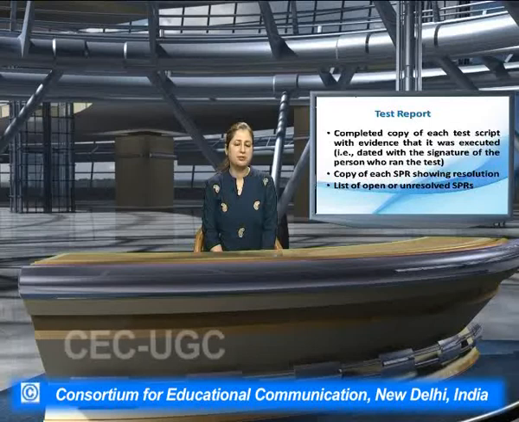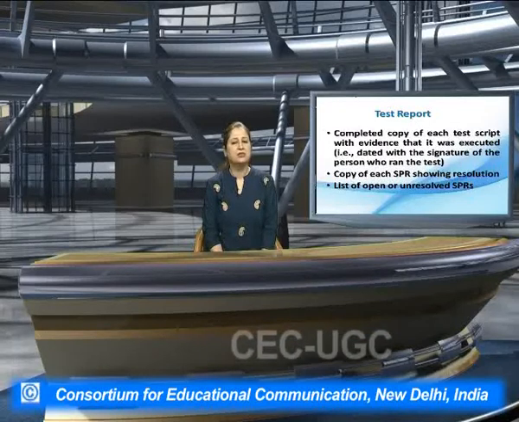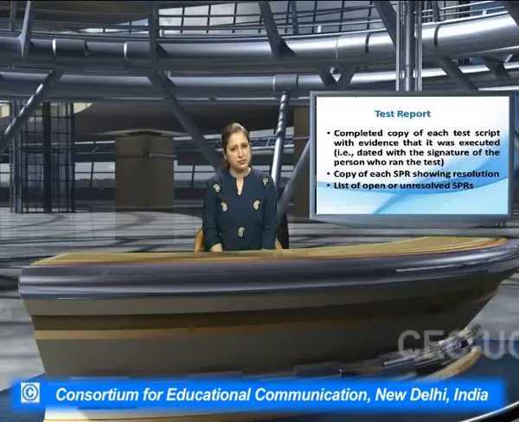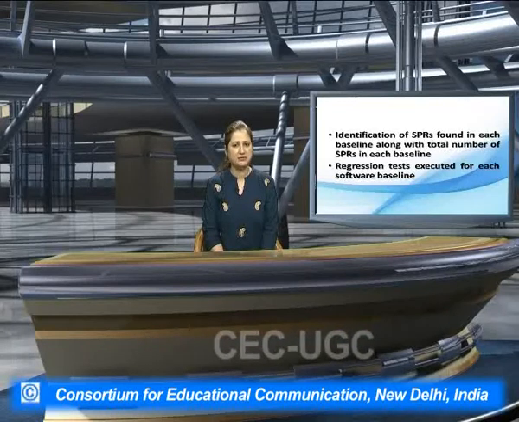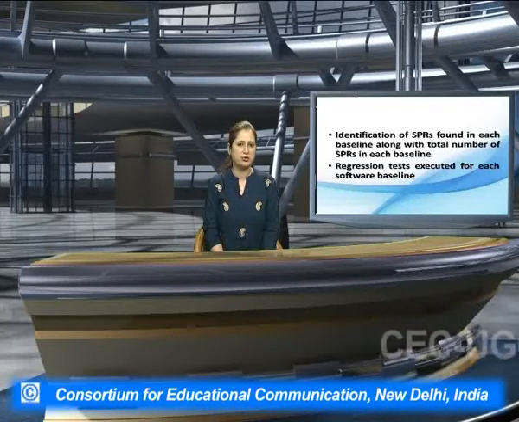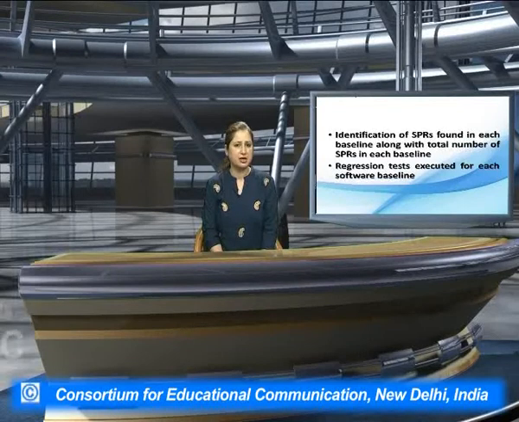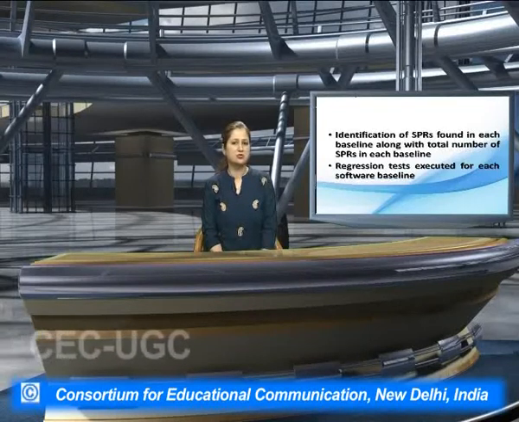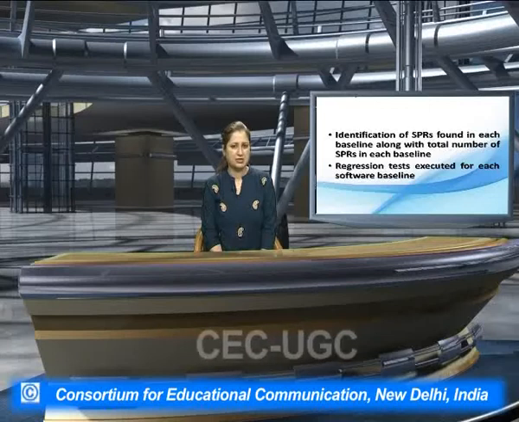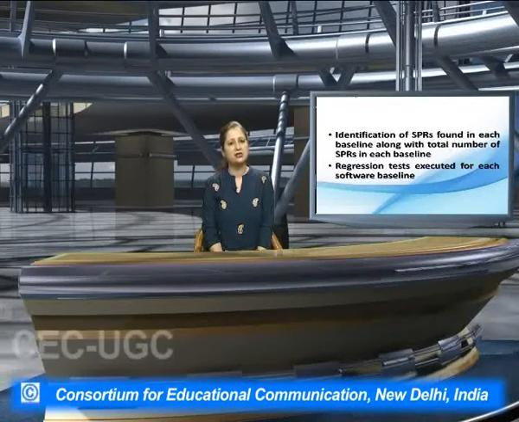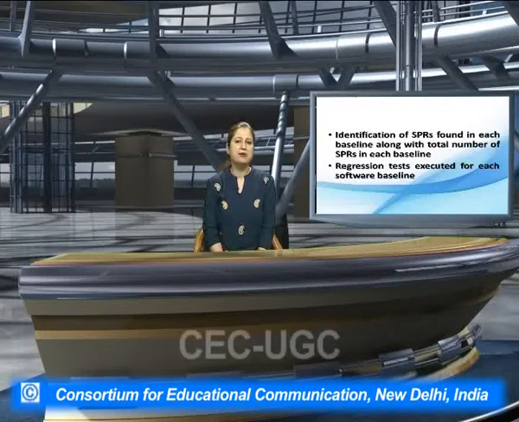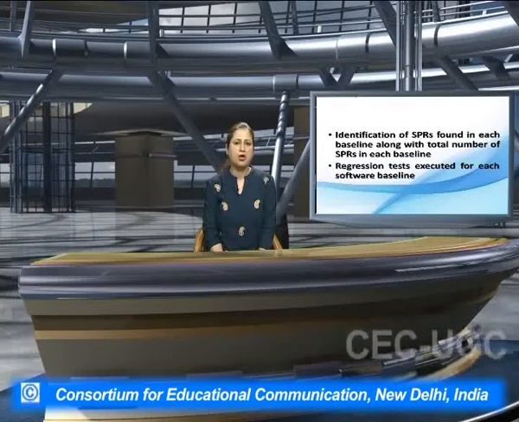So, whatever problems were reported in the software are all made a part of the software test report. Identification of software problem reports found in each baseline, along with the total number of software problem reports in each baseline, is done, and regression tests are executed for each software baseline. So, it is important to see what problems came in, and also to see whether those problems have been fixed by the concerned people or not.